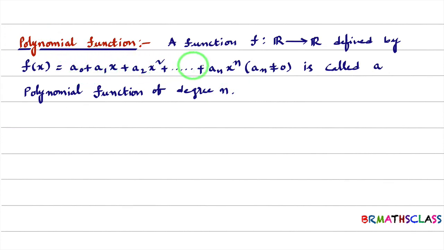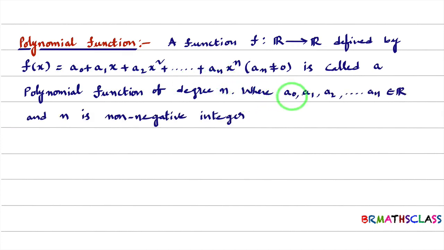You see here many terms are there. Here a0, a1, a2 and so on an are real numbers. And what about this n? n is a non-negative integer. This is the definition of polynomial function. In examination, if they ask to define polynomial function, you should write like this.